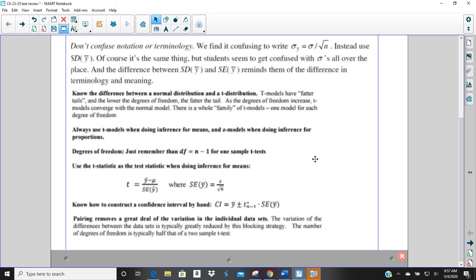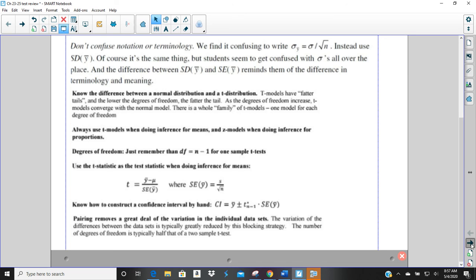Pairing is going to be the same group or persons that we're doing analysis on. Main ones are going to be before and after: exercise routines, diet routines, preparing for a test. If you took the SAT the first time, maybe you did okay, and then you practiced a little bit more and hopefully you did better. That would be a pairing test.